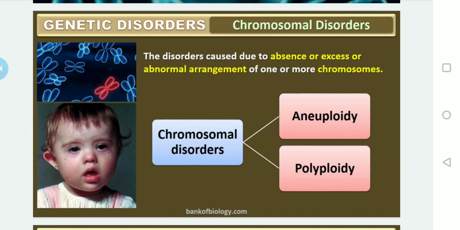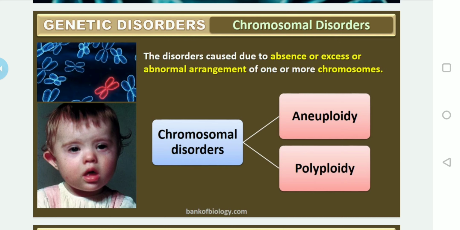There may be a possibility of an increase in number or deletion of 1 or 2 chromosomes. So it may become 46 plus 1 or plus 2, or sometimes 46 minus 1 or minus 2, that is 45 or 44. This happens in the diploid 2n, and this is called aneuploid.